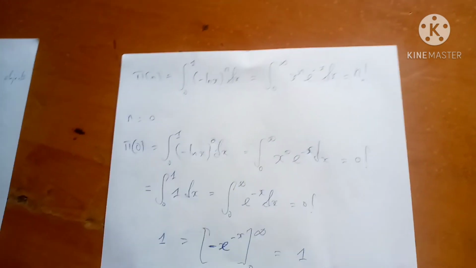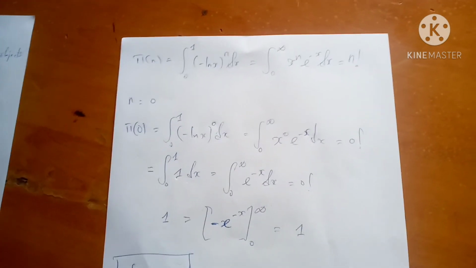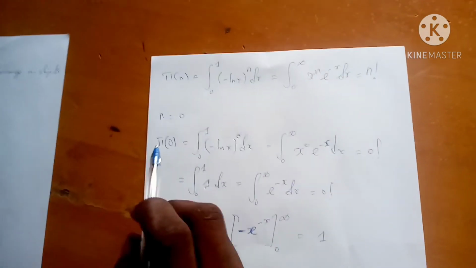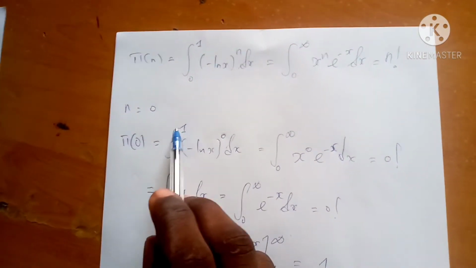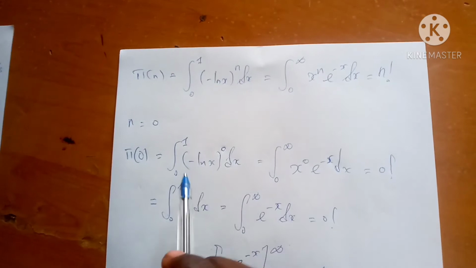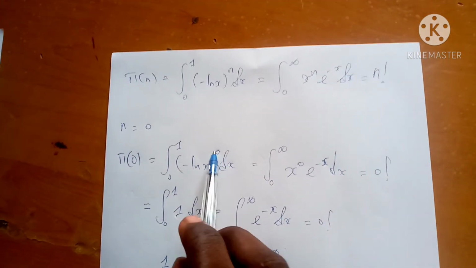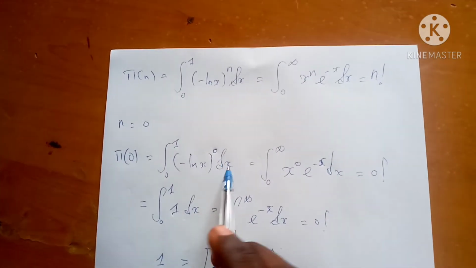Here we are going to consider n to be equal to 0, which means that the formula will become pi of 0 is equal to the integral from 0 to 1 of (negative ln x) to the power 0 dx.